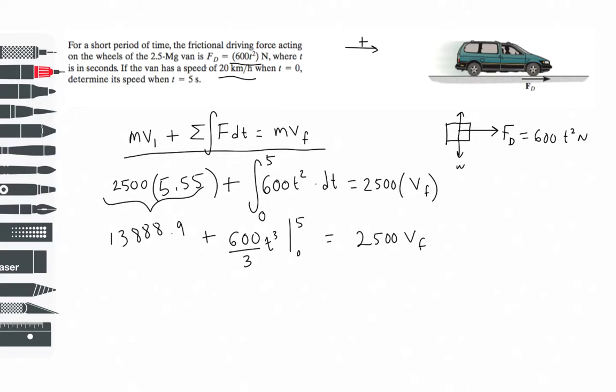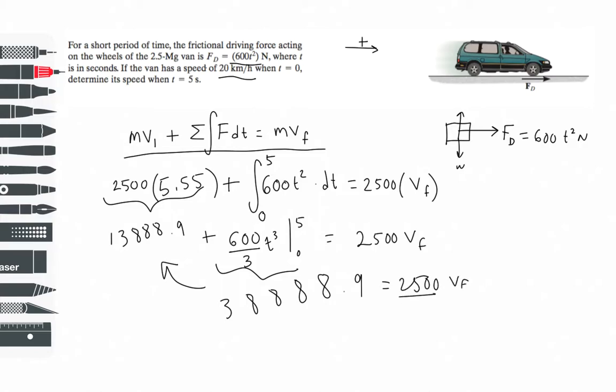Now you also do some plugging in calculator work. 5 cubed times 200, that's actually 25,000. You add it to the 13,888, and that would be 38,888.9, equal to 2,500 VF.